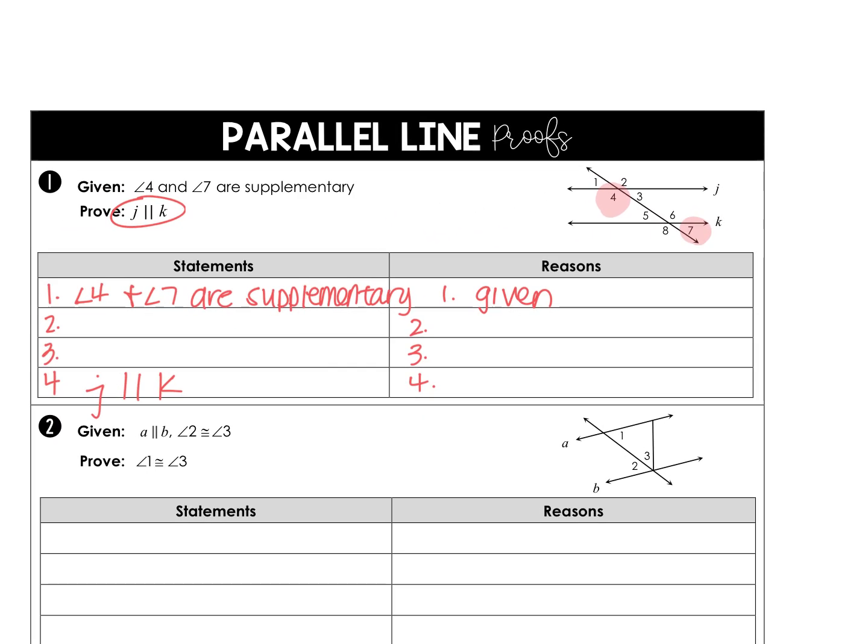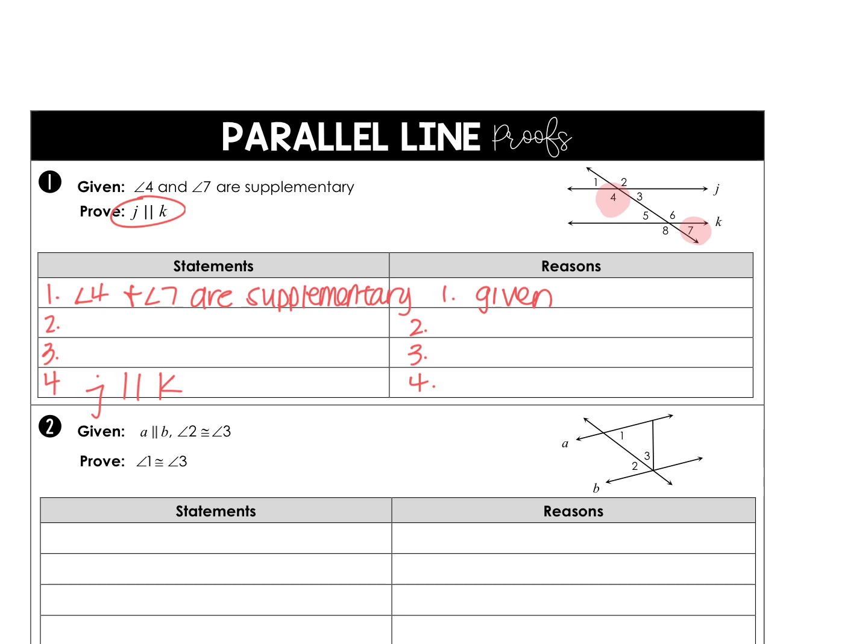Well, can I say that 6 and 7 have a relationship? Yes. 6 and 7 are what? Linear pairs. So they are, starts with an S, supplementary. So what I'm going to mimic, and I know this because for number 1 I have the key, but for number 2 I just understand this a little bit more, hopefully, than you guys do, we're going to try to match the same phrasing from number 1.